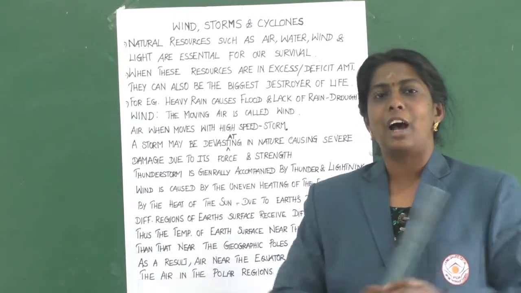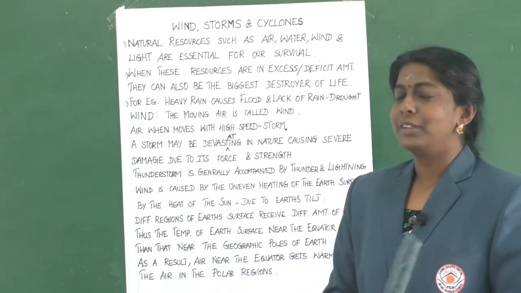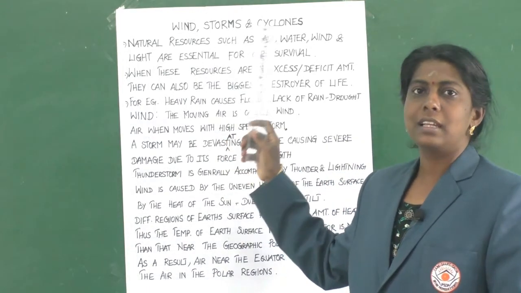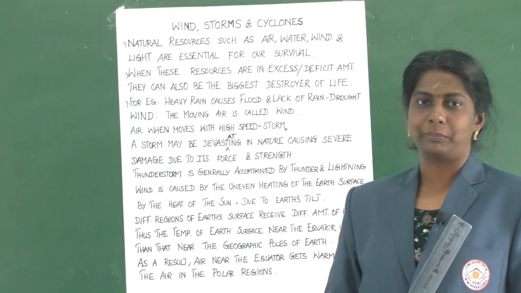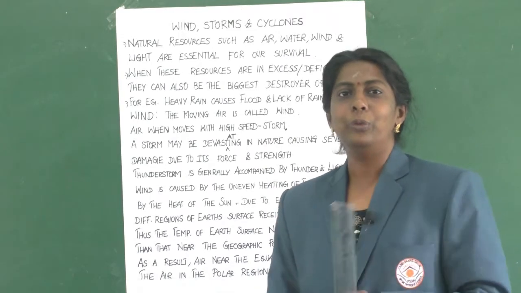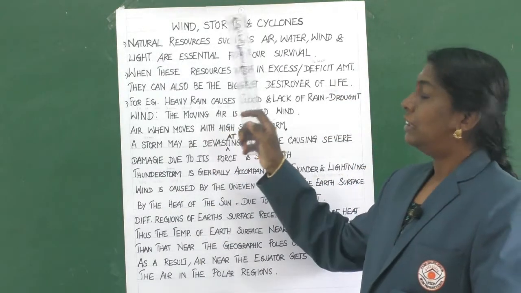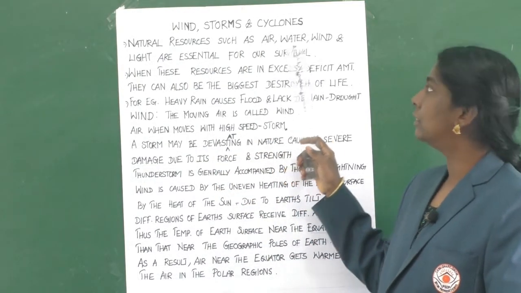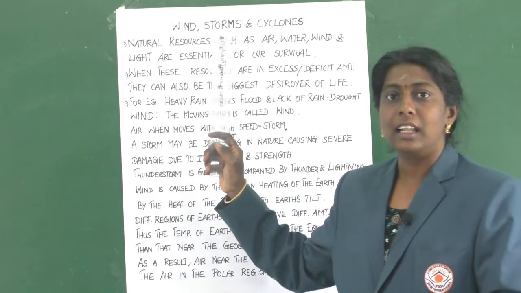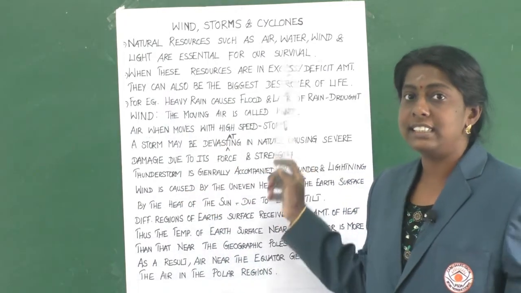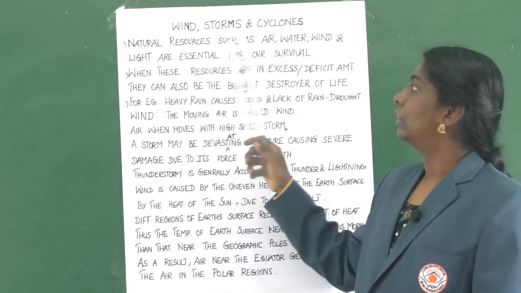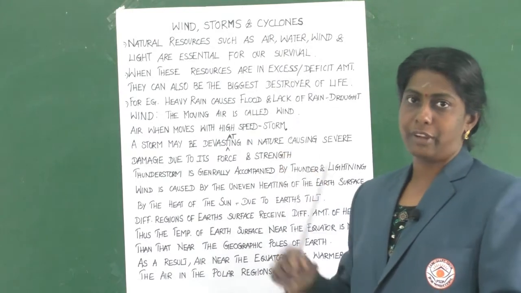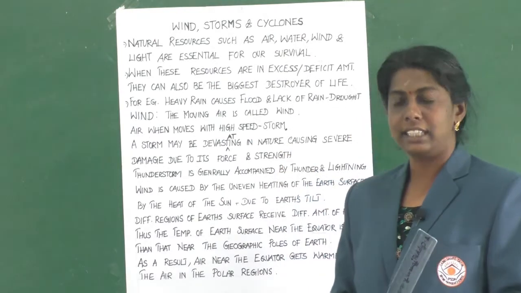Yes children, now let us start the chapter wind, storm and cyclones. So we all know that natural resources such as air, water, wind and light are all essential for our survival, isn't it? Yes.